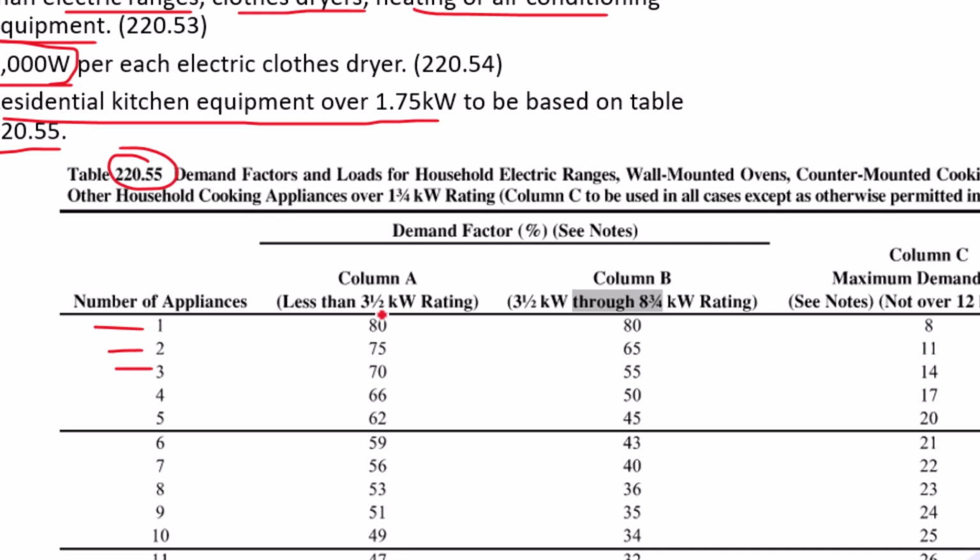And in that case, based on the wattage, so let's say we had 5 kW of cooking, it would fall under this column here, which is between 3.5 and this 8.75 kilowatt rating. And based on the number of those appliances, you can apply a demand factor of it. Because NEC believes that the full capacity of all the cooking won't be used at any one given time.